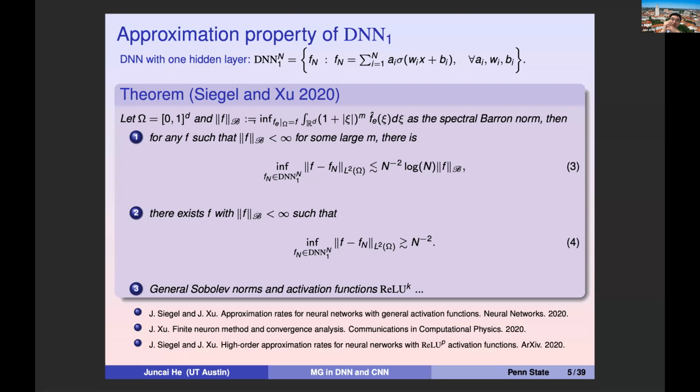But here, you just need to construct a one hidden layer deep neural network, and you will achieve a quite amazing approximation result that is independent of the dimensionality. So this is the first thing I can say.